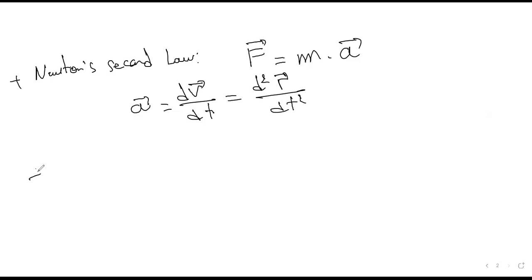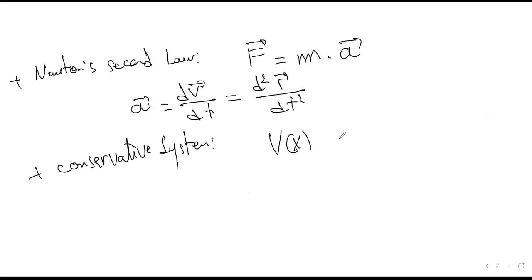So in the case of a conservative system, which is the only kind of system that occurs at the microscopic level, we can express the force F as a derivative of a potential energy function, noted, for example, V capital letter of x.